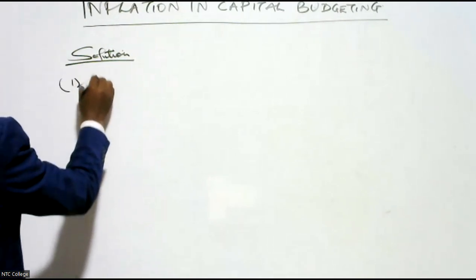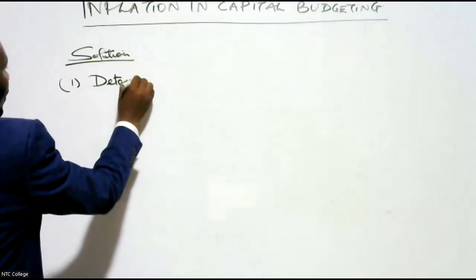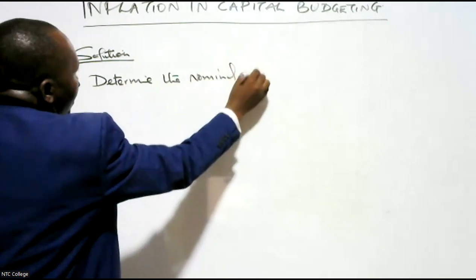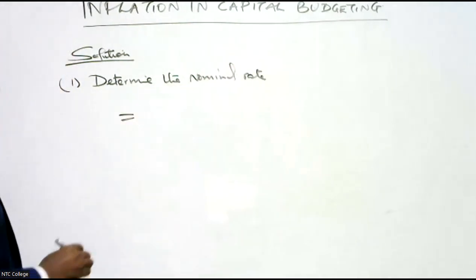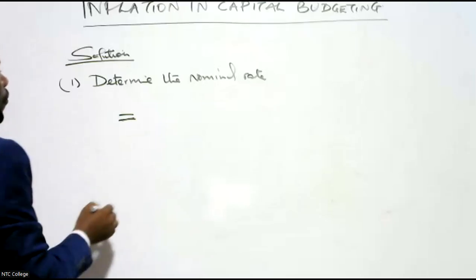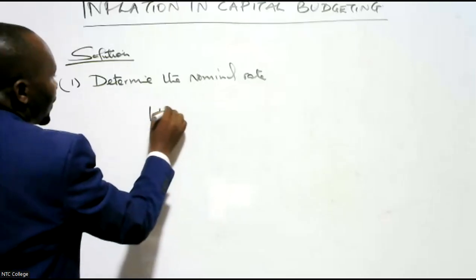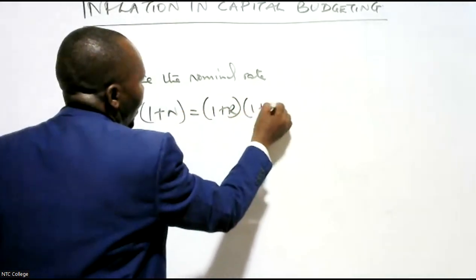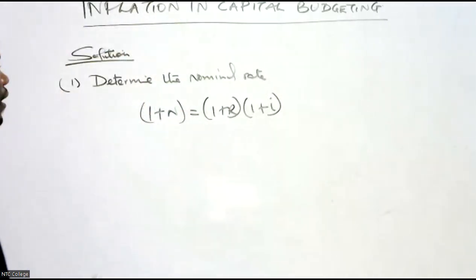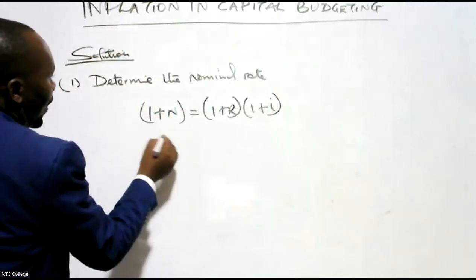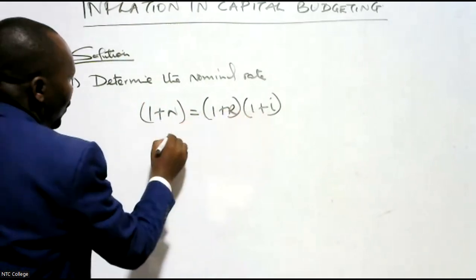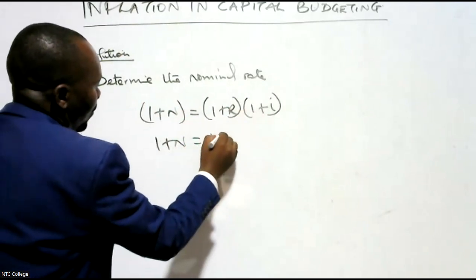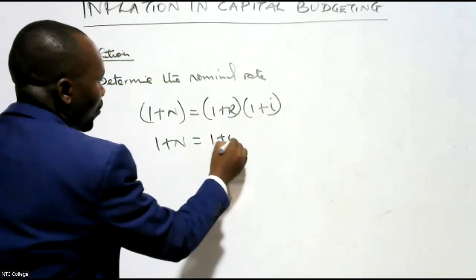So we need to determine the nominal rate. And how do you do it? Or nominal cost of capital, the same. We are saying that 1 plus n is equal to 1 plus r into 1 plus i. So n, you know what it means. We are given this and this. So we are saying 1 plus n is equal to 1 plus r, given as 10%, so it is 0.1.